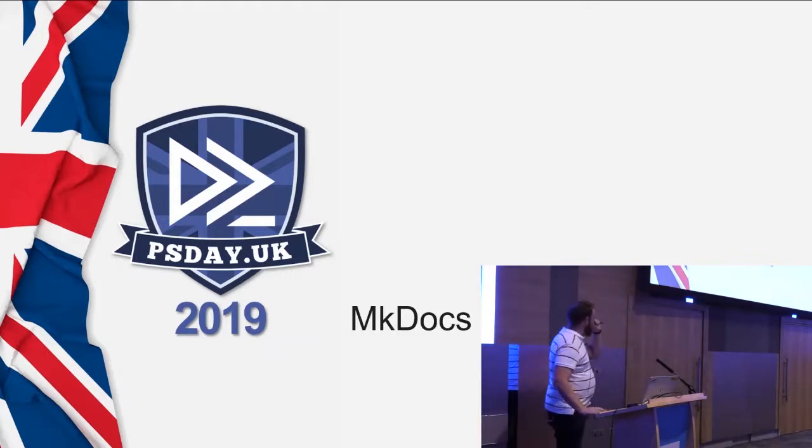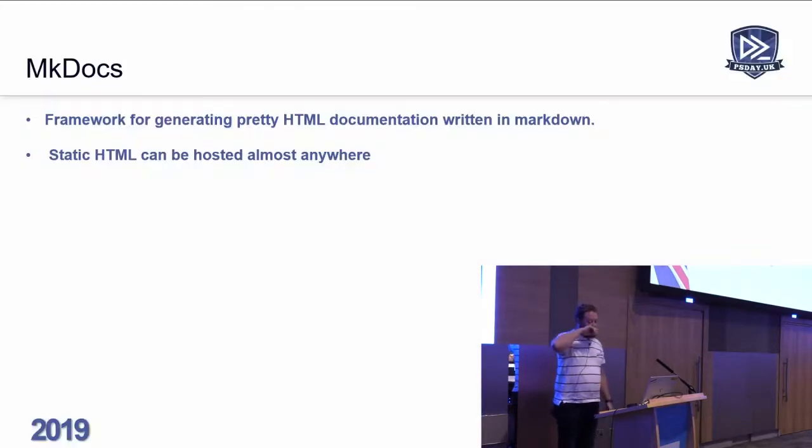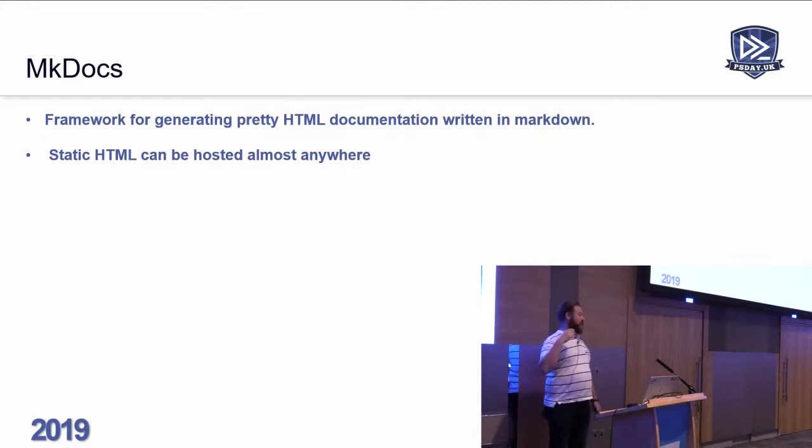So the next thing we will be looking at then is MkDocs. MkDocs is a Python application, and it's a framework for generating HTML documentation based on documentation written in Markdown.